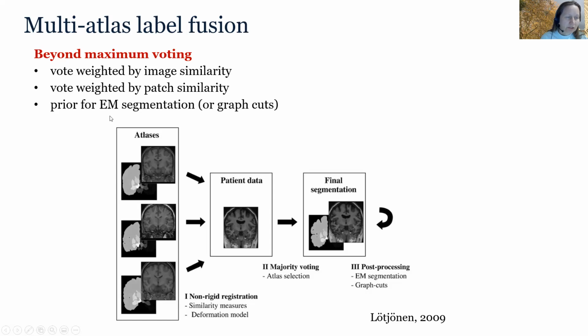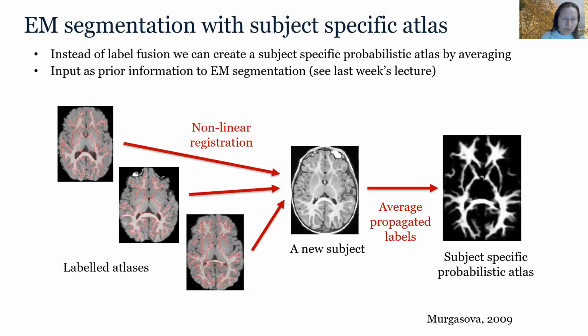An alternative strategy is to refine the result of the label propagation based on intensity, for example, using EM segmentation or graph cuts. So let's have a closer look at how this intensity refinement works.